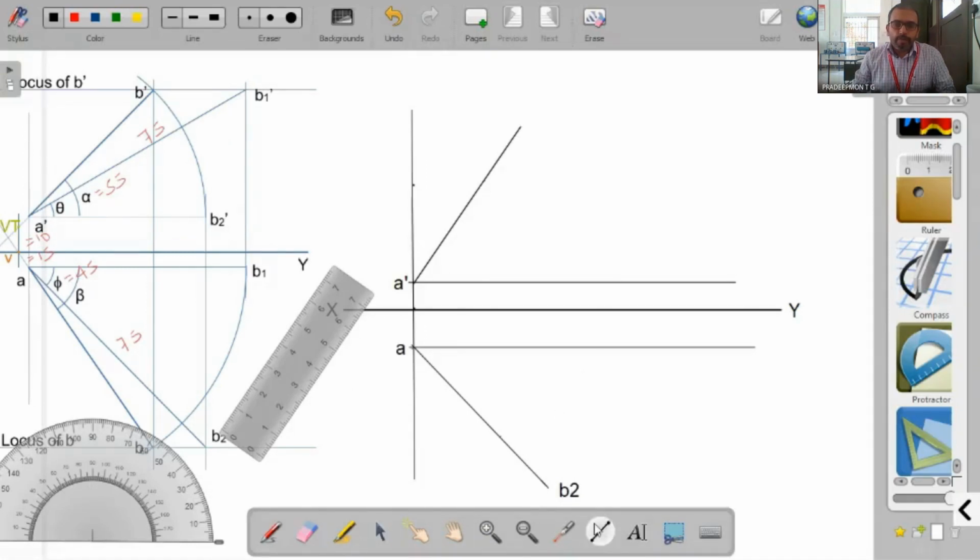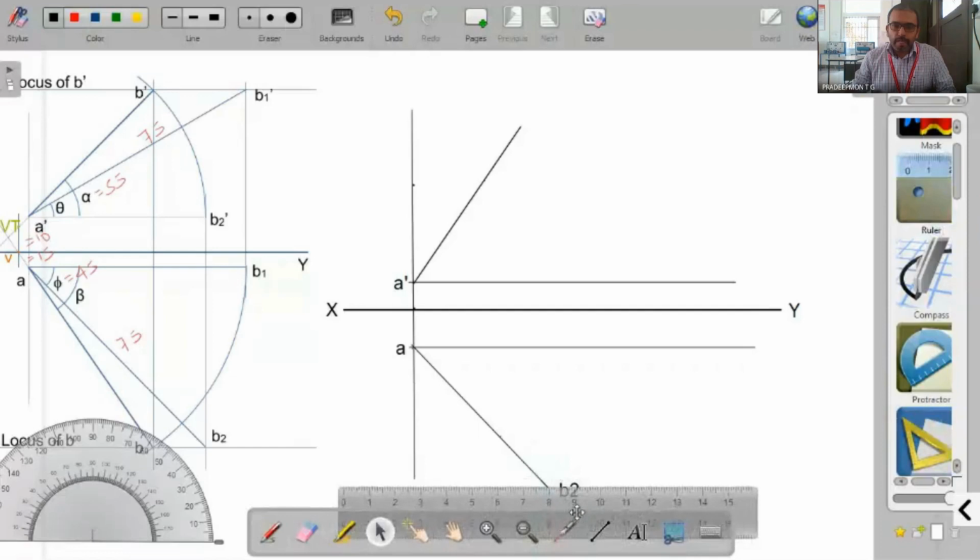B2 dash will be obtained by drawing a line which is perpendicular to our XY line and through B2. You must use your protractor, and before that we can draw the locus of B2 also in order to measure the 90 degree angle. It is always better to draw the locus of B also.